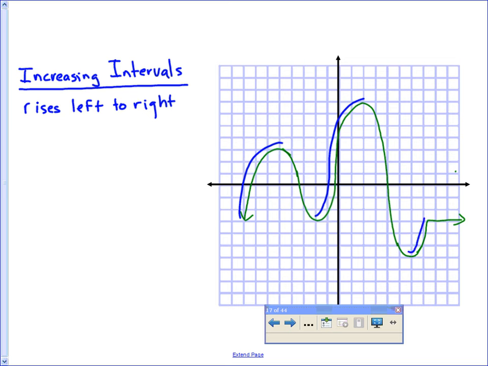So we have from negative infinity all the way up to A, and A had a value of -3.25. And then the second one would be from B to C, and that is from 0.25 all the way up to 4. Okay, and so now we have our concave up and concave down.